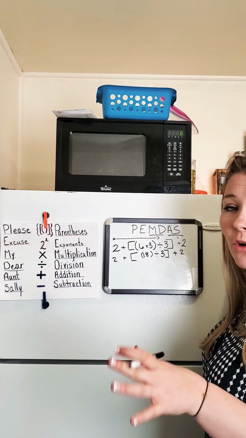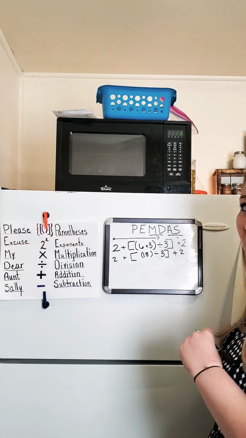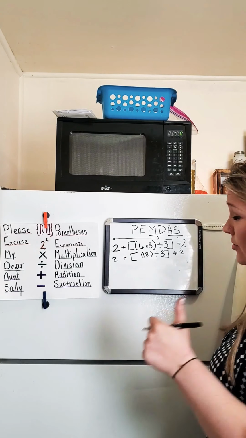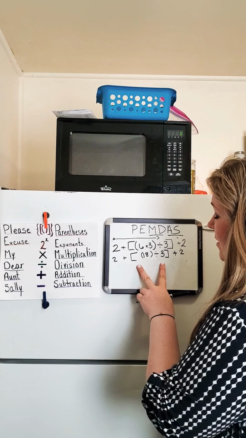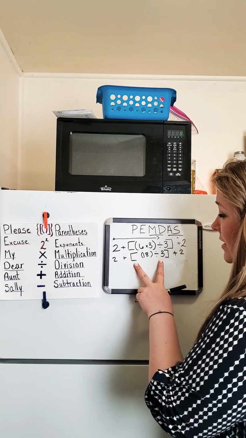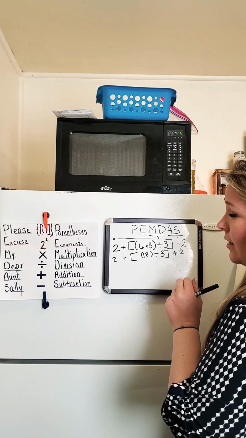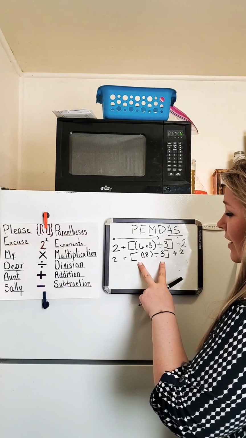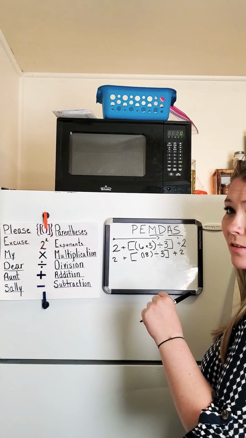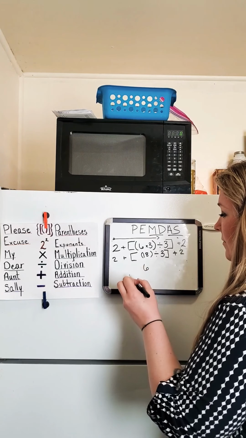Since we haven't dealt with brackets or braces a lot, I'm just doing this so I make sure I'm on the right track here. So the next thing we're going to do is we're still inside these brackets, which fall under our parentheses symbol in our order of operations. So I have 18 divided by 3. So how many times does 3 go into 18? 6.